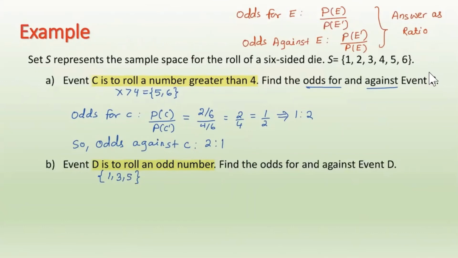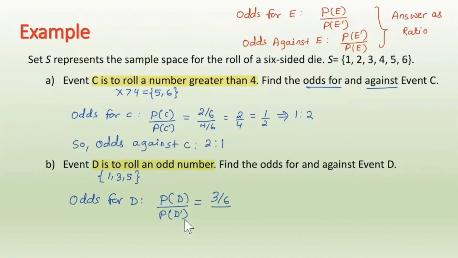So to calculate the odds for and against D, let's first find odds for D. Odds for D will be probability of D divided by probability of not D. When you say probability of D, you have 3 elements in D out of 6, so it will be 3 over 6.